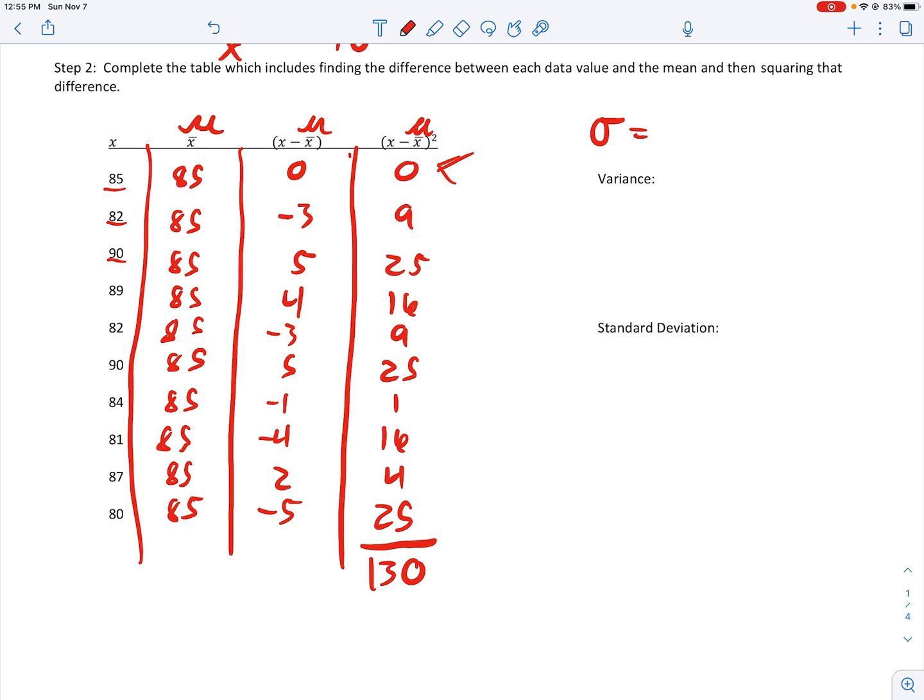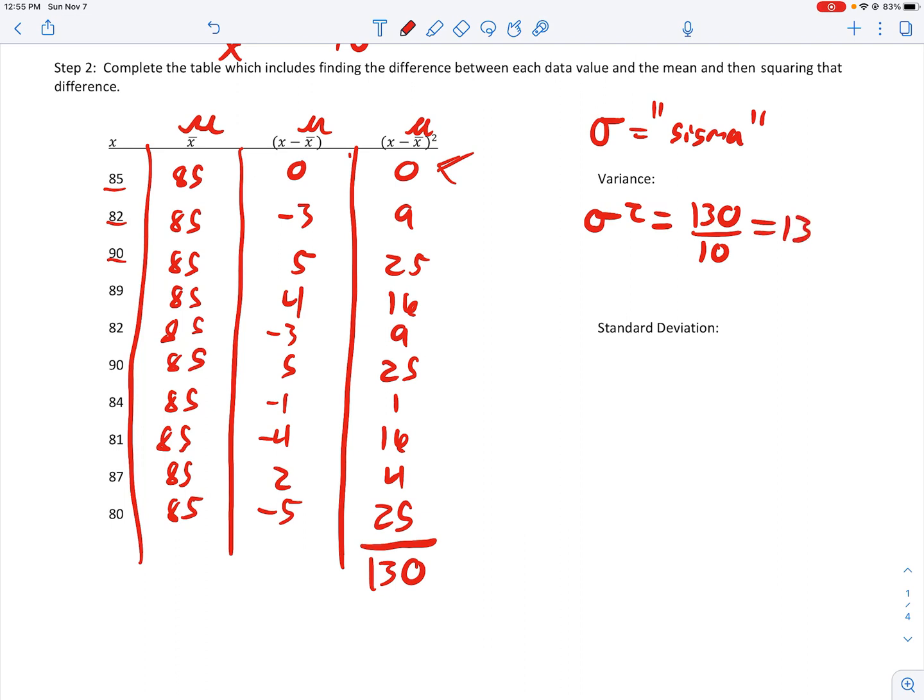A Greek symbol, it's like an O with a hat. This is sigma. So the variance is sigma squared. You take the total of that last column, which is 130, divided by how many pieces of data. So the variance is 13.